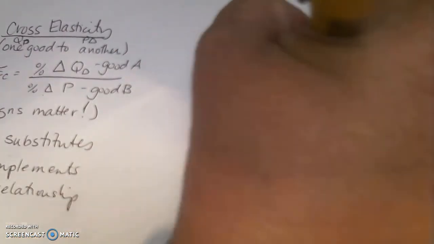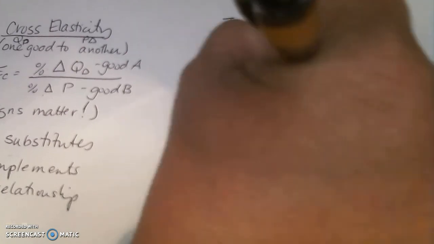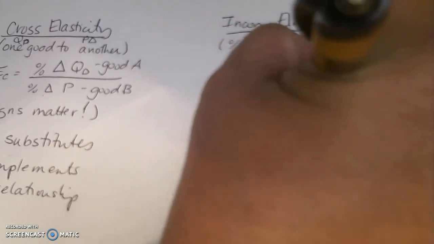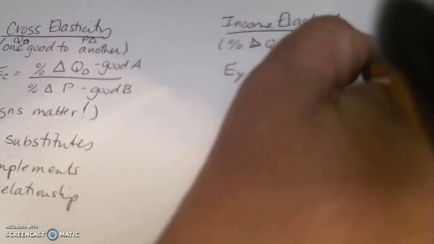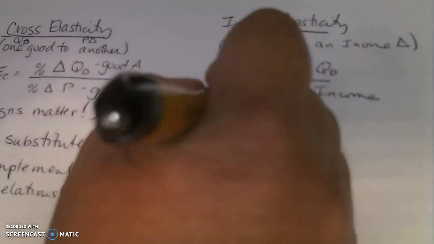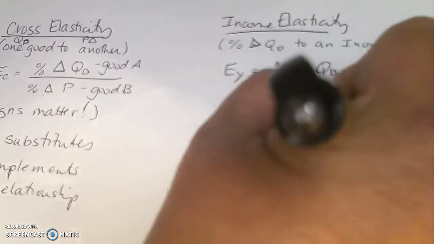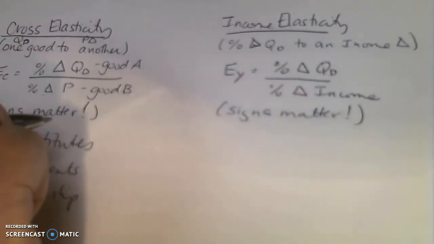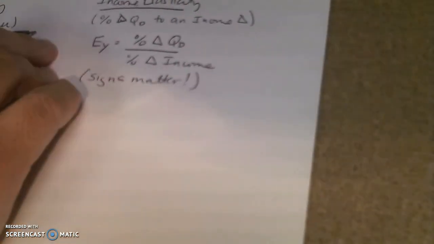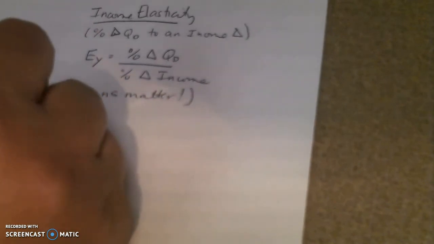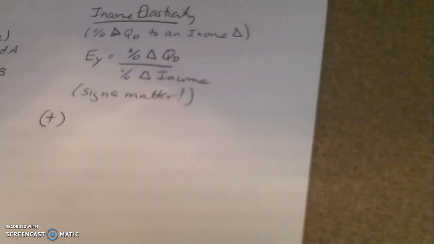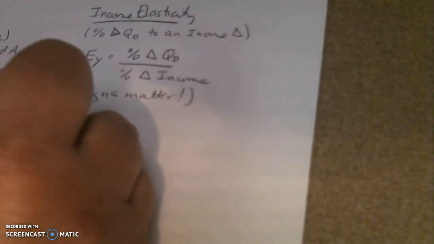You're going to have percentage change in quantity demanded over that percentage change in income. So if this answer, and again, signs are going to matter, just for these last two. So if you get an answer that is positive, what do you think that tells you? It tells you that this is a normal good.